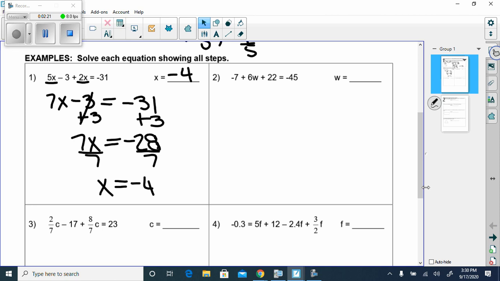Number 2, what should I be combining? Good. And what is negative 7 plus 22? Awesome. So I've got 6w plus 15 equals negative 45.